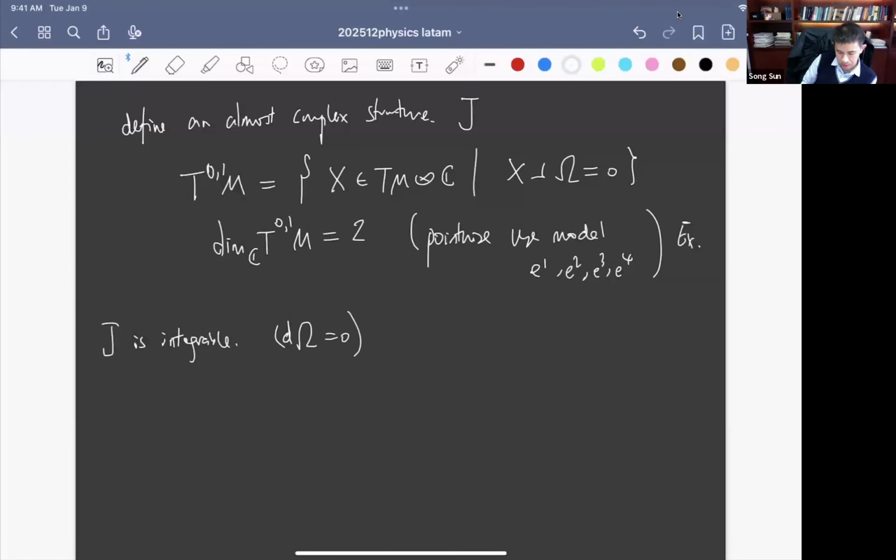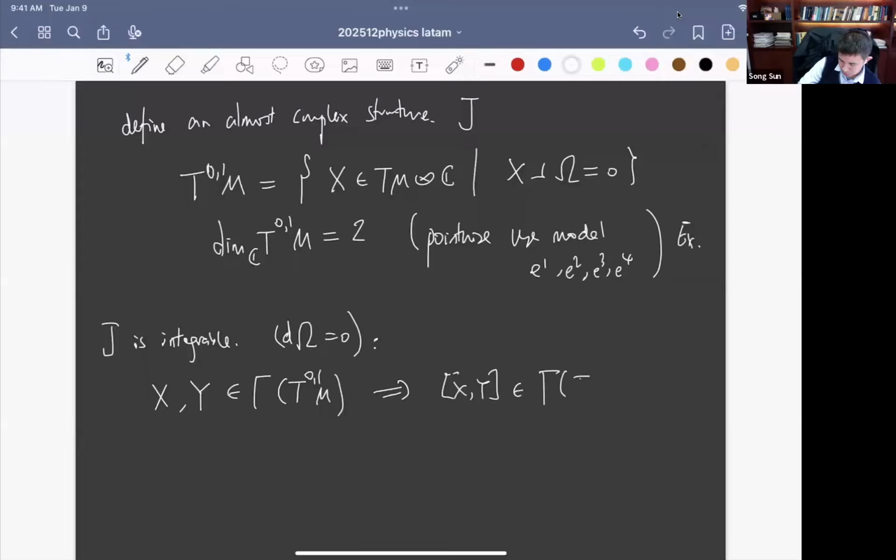This involves checking that if you take two vector fields in gamma of T 0, 1 of M, then their bracket is still in it. So we need to say that if X, Y both satisfy this, then we want the bracket of X, Y to contract omega to equal 0.